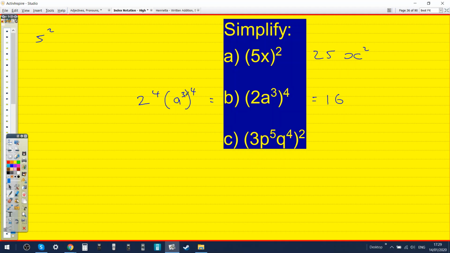Wait. You copy the base and multiply the powers. Oh, yeah. Okay. So a 12. Yes. And last one.